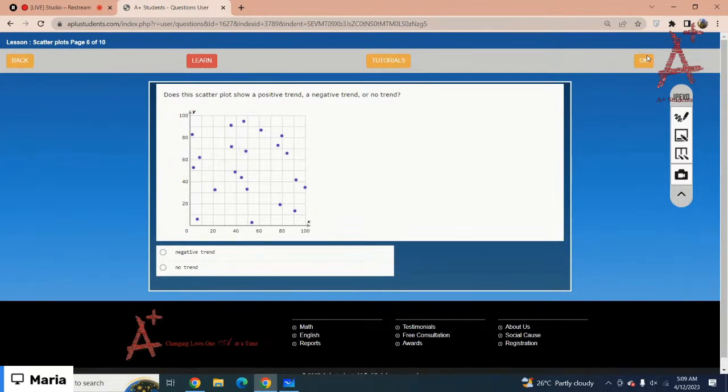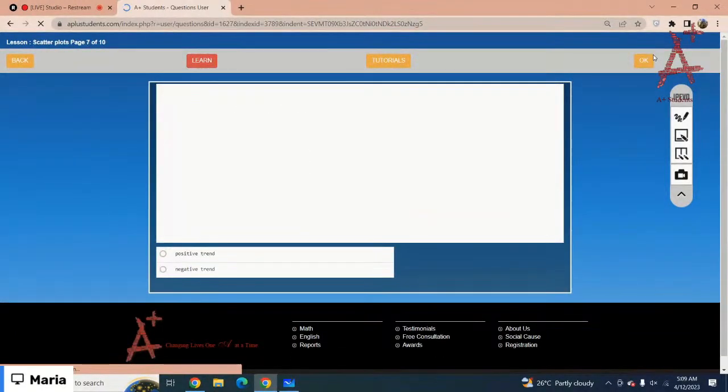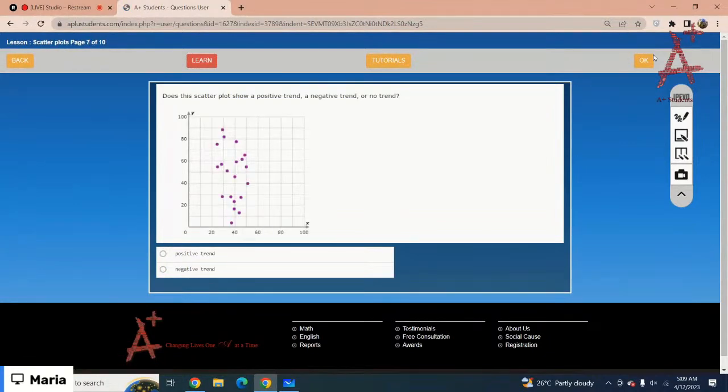Does the scatter plot show a positive trend, a negative trend, or no trend? No trend. Got it? You can see all the points are scattered around the graph. So it would be no trend. Does the scatter plot show a positive trend, negative trend, or no trend?